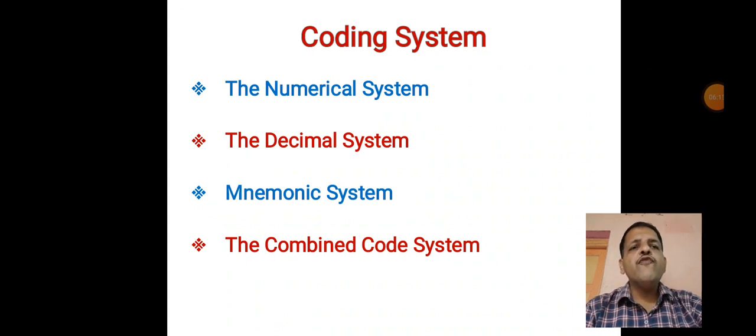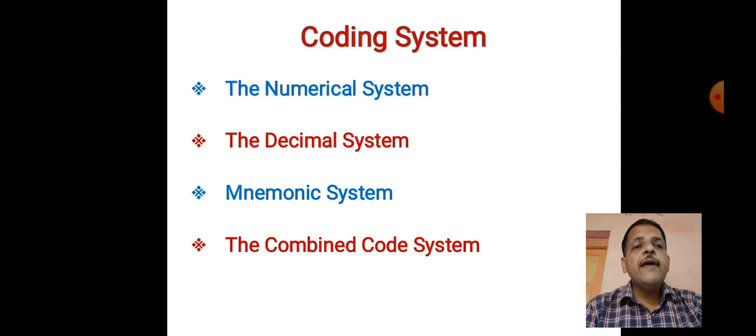Let us see our fourth system, the combined code system. The combined code system uses letters or alphabets as well as numbers for identification of overheads. The letters indicate the specific group of overhead and the number represents the subgroup of overheads. For example, SO1 indicates selling overheads, SO, and 1 represents salary to salesman.